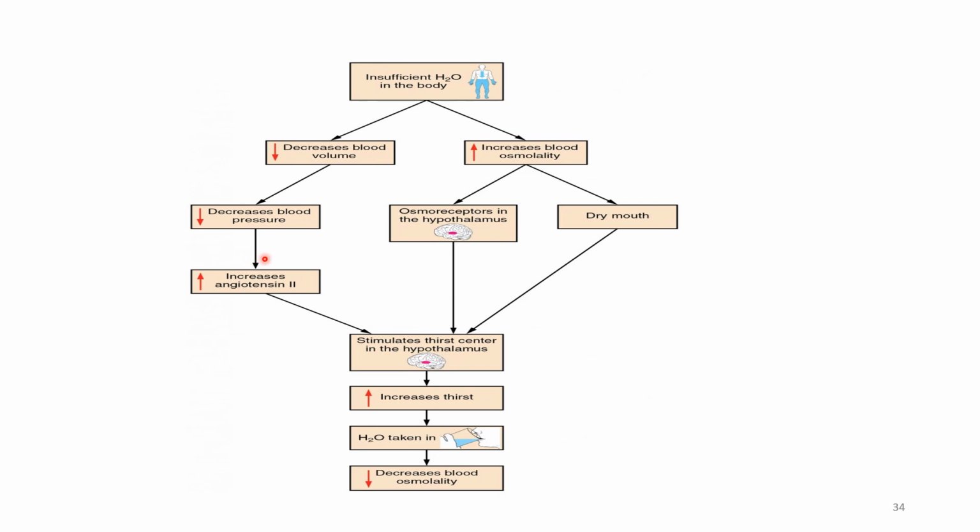The decrease in the blood pressure will increase the angiotensin 2 levels in the body. All these three, that is dry mouth, osmoreceptor stimulation in the hypothalamus, and increase in the angiotensin 2 levels in the body, will stimulate the thirst center in the hypothalamus and increase the thirst. And the person will take water, and it decreases the blood osmolality. This is the thirst mechanism.